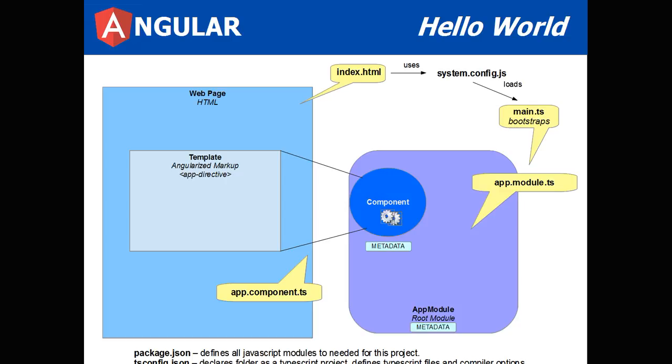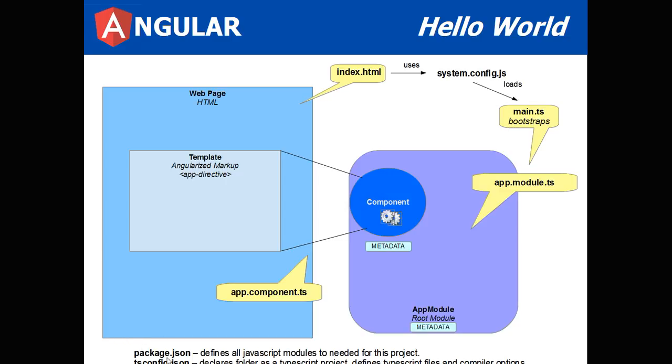So these system loaders do things for you. System.js is one of the better ones, and I did all my Angular 2 using System.js. But I just wanted to paint the picture of a scenario here which simplifies a Hello World application. The loader is important. The packaging and deployment is important, but let's focus on development.